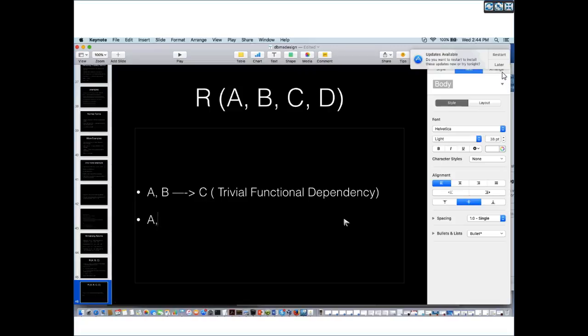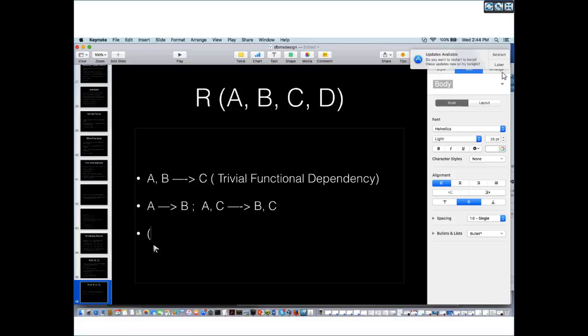Now, the augmentation rule you can prove in the same way. The second action is trying to tell you that if there is A determines B, and you add a C on both sides, that's also going to be true.